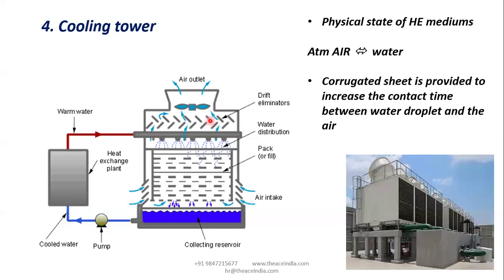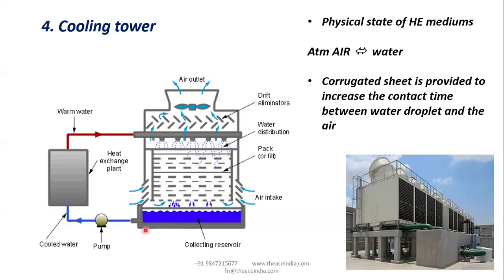So I will explain the working. It's very simple, guys. The water should be sprayed in a mist format, and this water mist should come in contact with the pack or fill arrangement. Eventually, as you know, through this pack arrangement, the temperature of the water drops due to the atmospheric air intake right here itself.